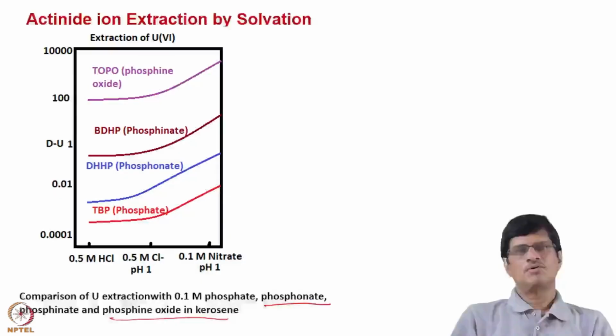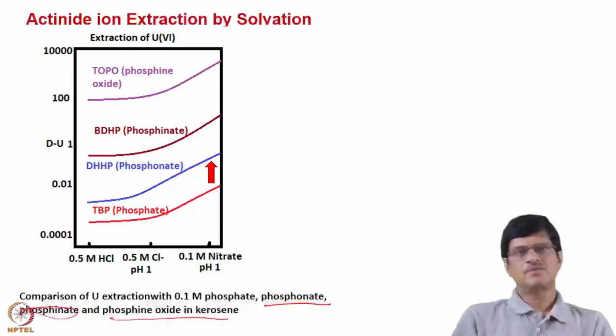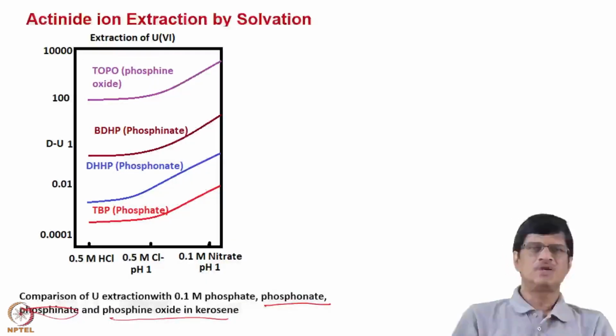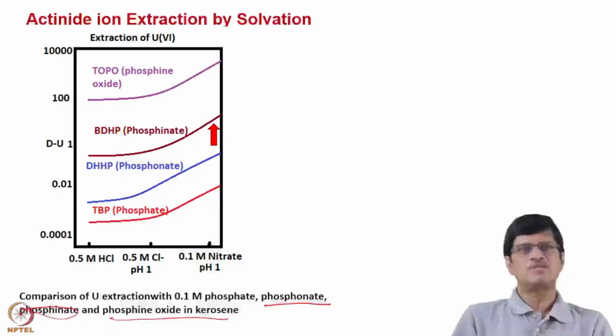Now the same you also get for the phosphonates. So these phosphonates also form stronger complexes. So with this BDHP, the extraction of uranium becomes significantly larger than that of the phosphonate DHHP, and you get more than 10 as the distribution ratio of uranium under the condition where the extraction of uranium was around 0.01 with TBP.